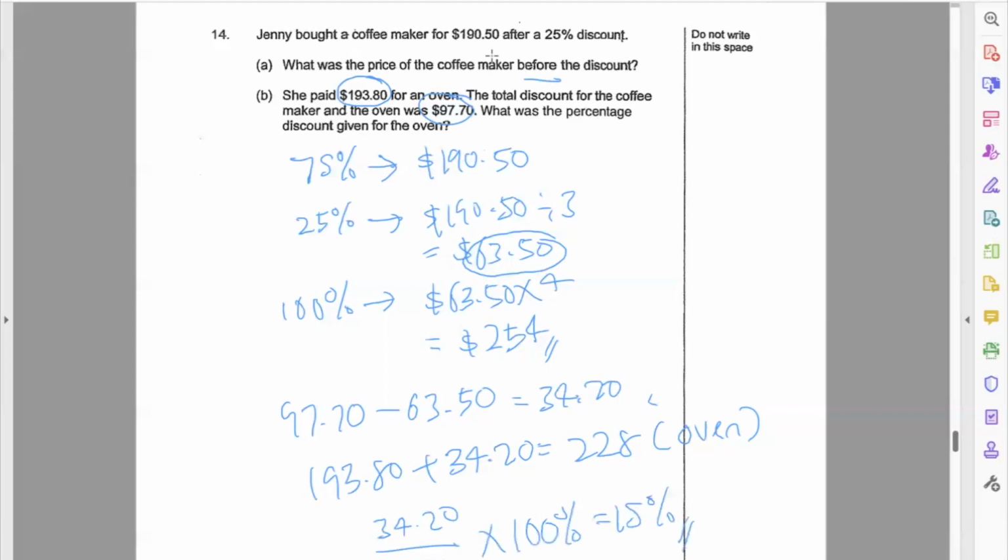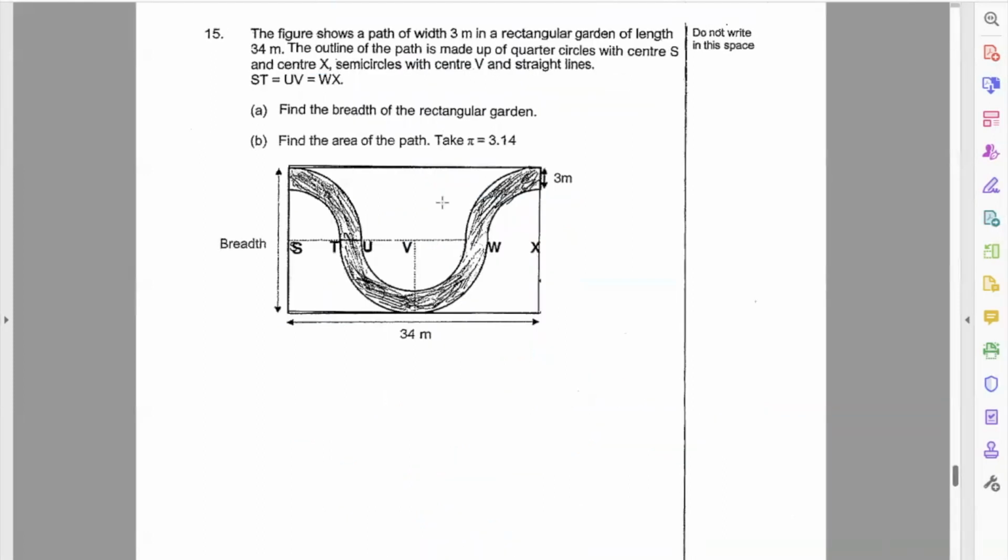Let's continue with question number 15. So let's do question 15. The figure shows a path of width 3 meters in a rectangular garden of length 34 meters.